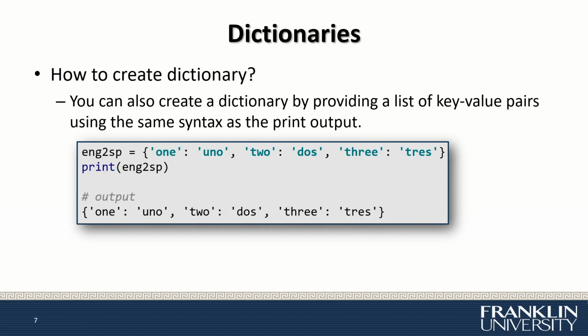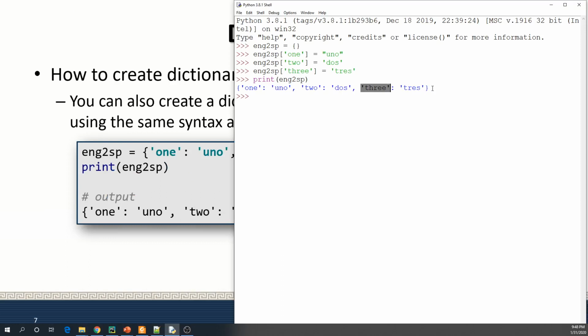So for example, I'm going to take a shortcut here. If I take this and copy it, and if I create an English to Spanish and paste it in, I'm going to add one more just so you see that this is something I added.